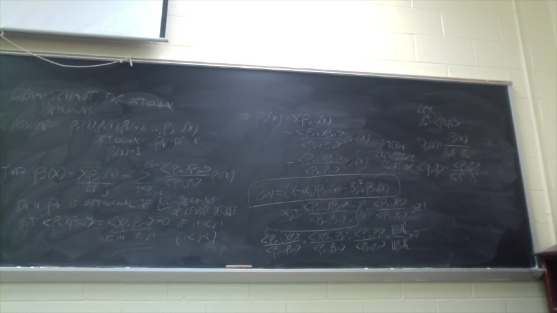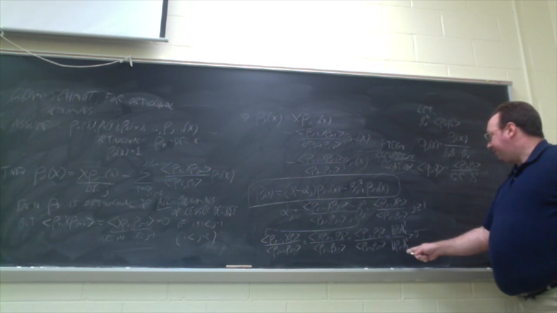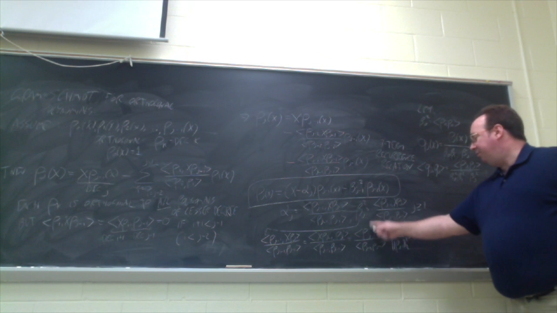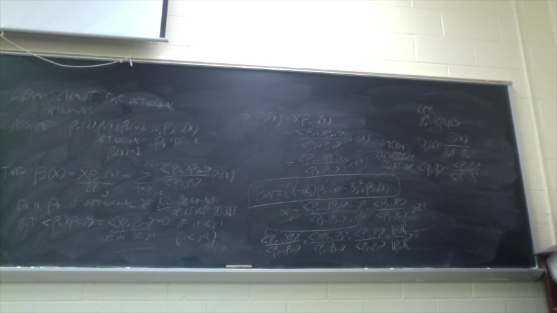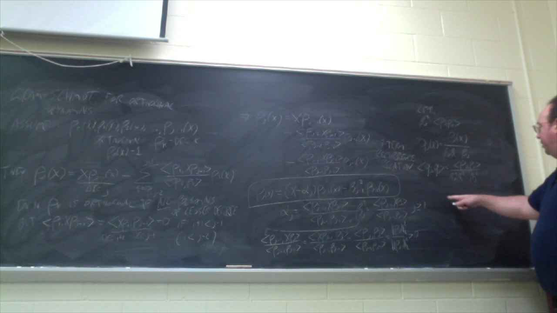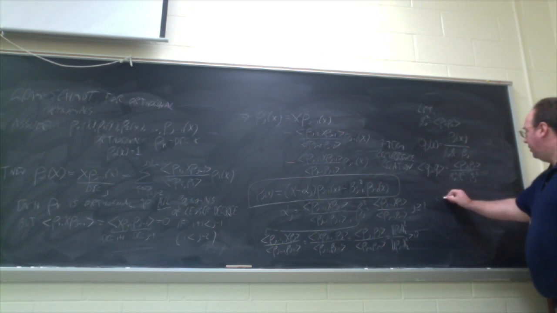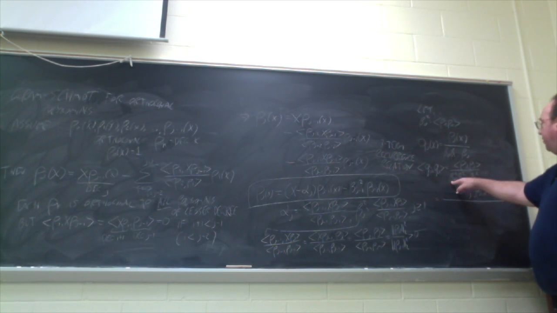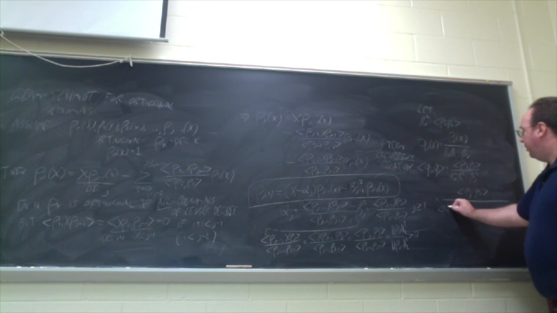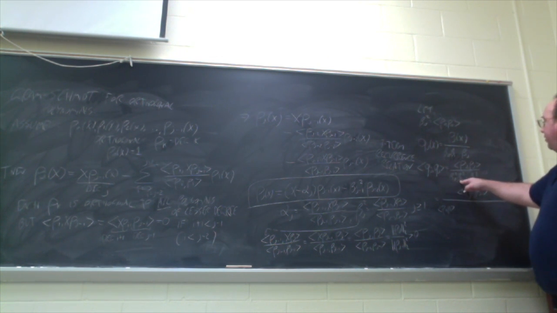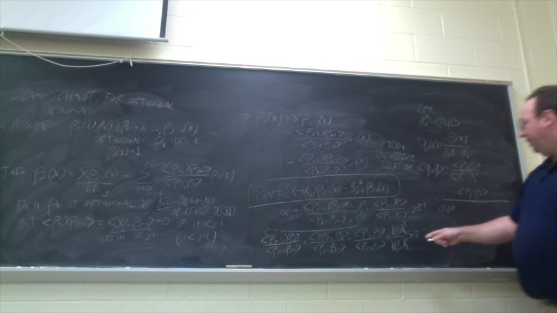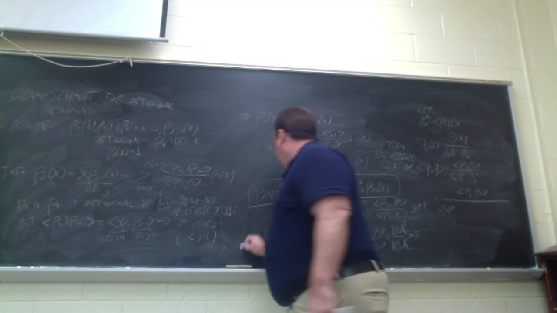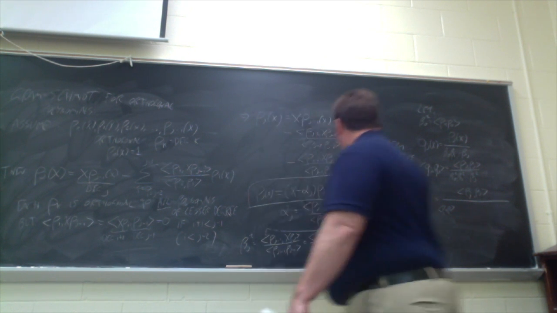Now, if I write out what all of these betas are in terms of these inner products, beta 0 squared is the inner product of p0 with itself.